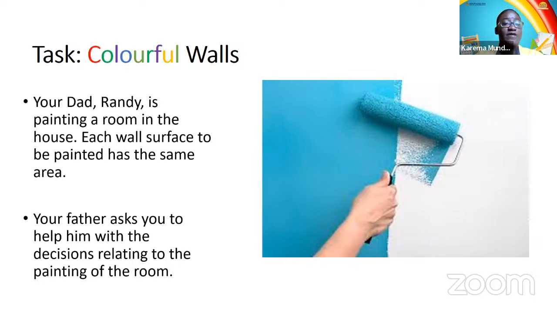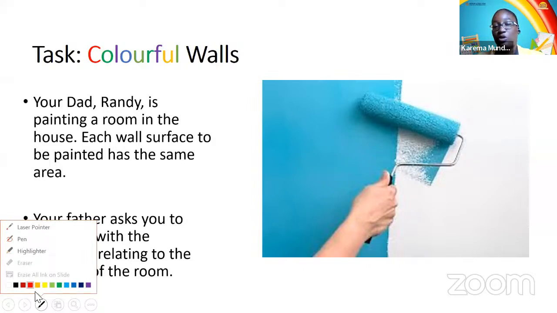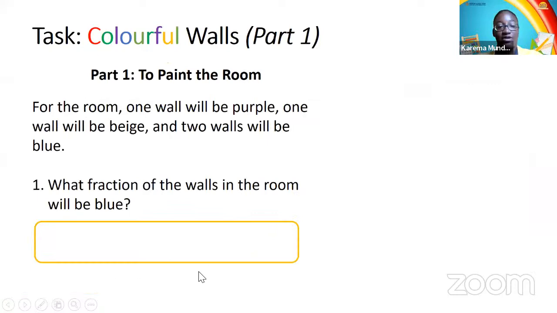All right. Now, your father asked you to help him with the decisions relating to the painting of the room. All right, so remember we said performance task, problem-based, which usually means you have to do some decision making. All right, and you're gonna use the map to help you.